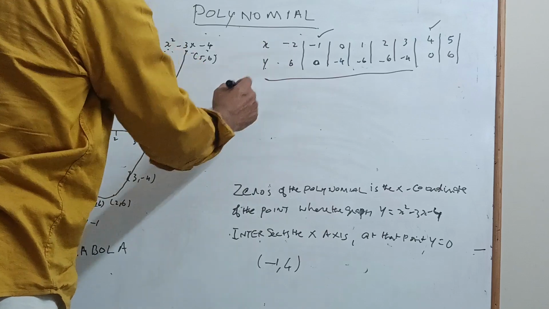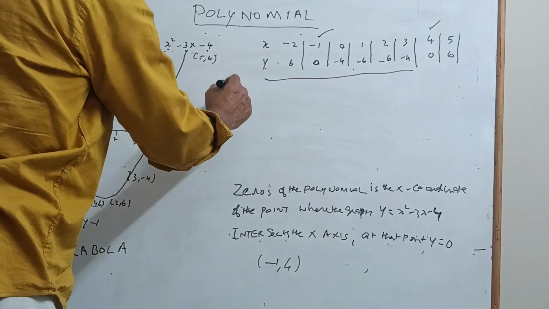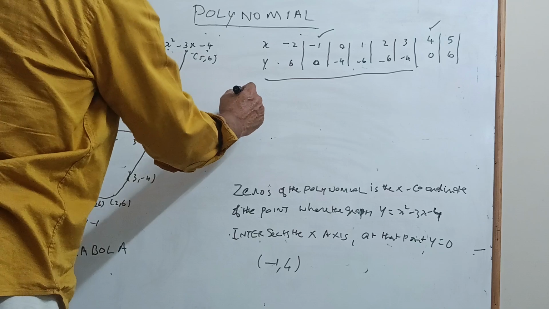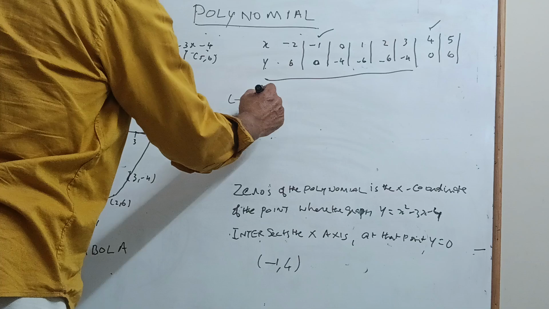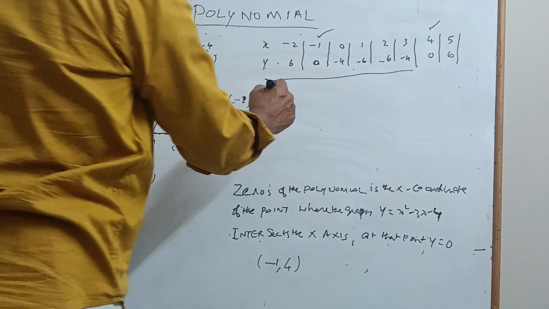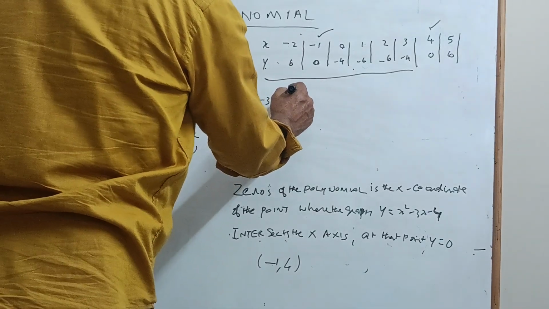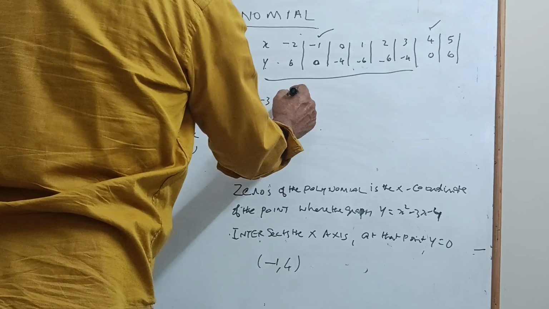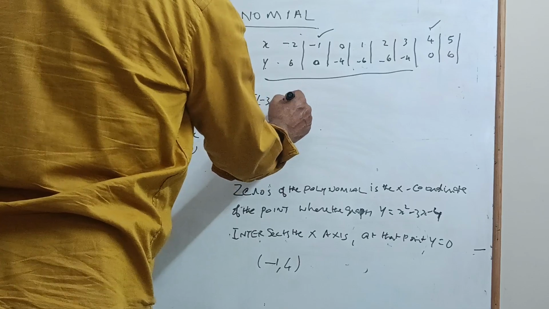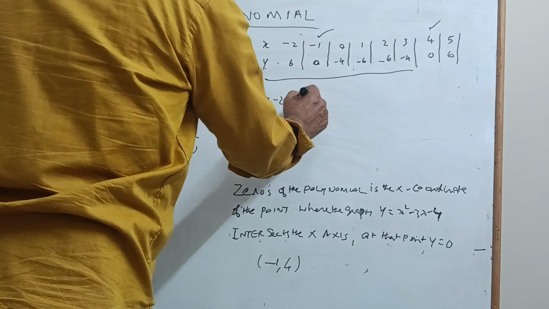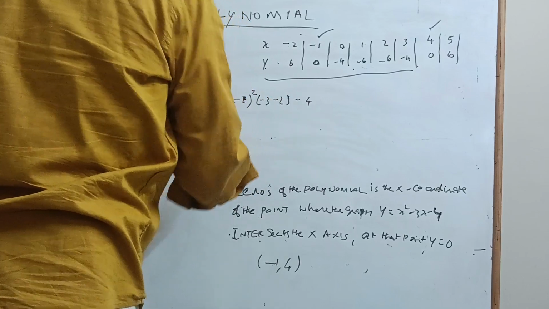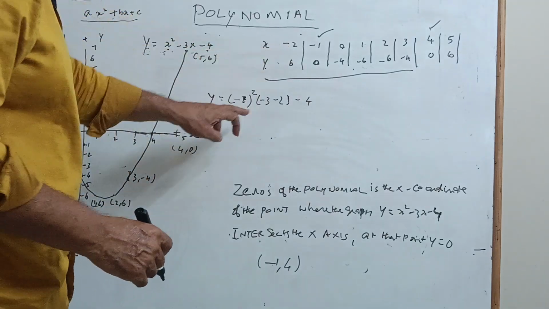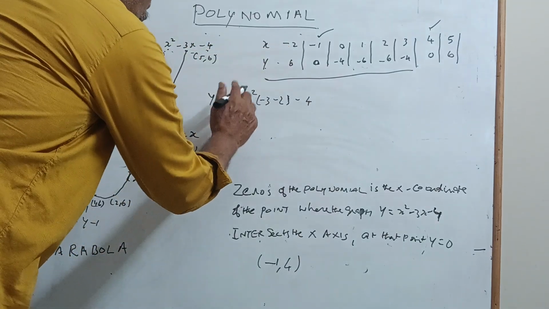So when x is equal to minus 2, this x square becomes minus 2 the whole square, minus 3 into minus 2, minus 4. This is equal to y. That is, I'm putting x is equal to minus 2.